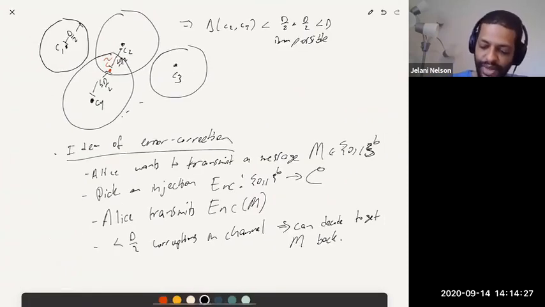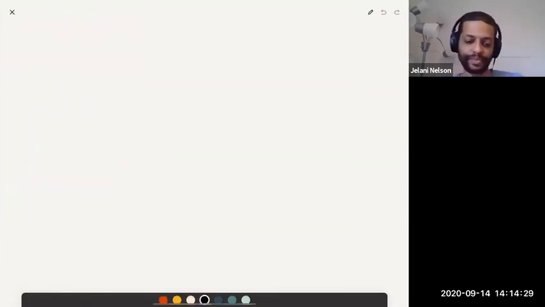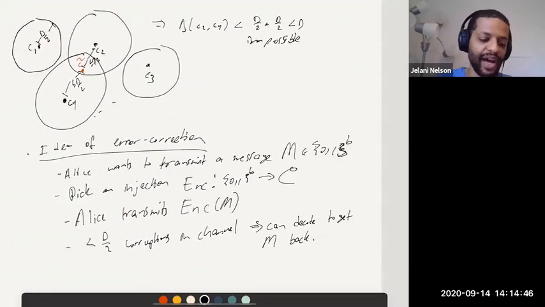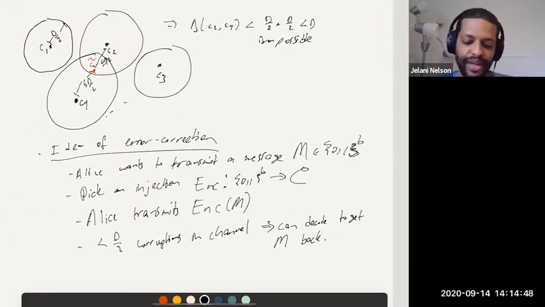Good. So let's get back to lower bounds. Before I use these objects to prove a lower bound, there's a very natural question: do good error correcting codes exist? I defined what a code is. Do they exist?